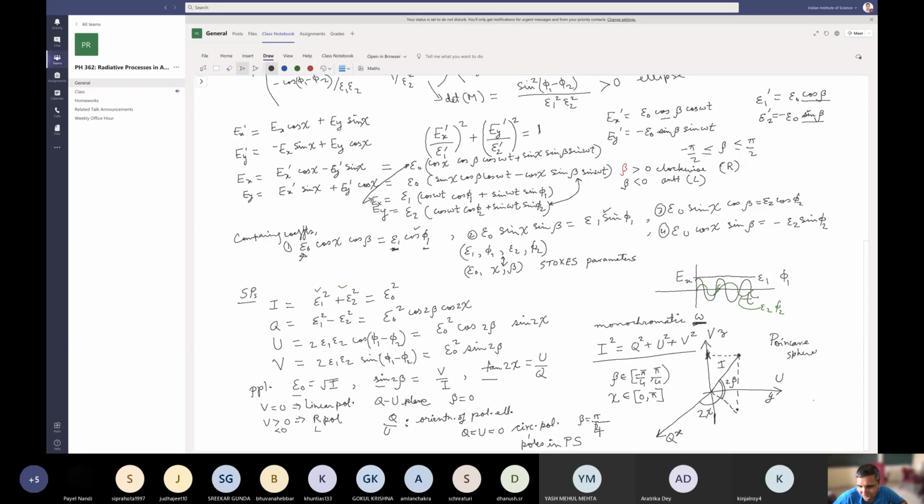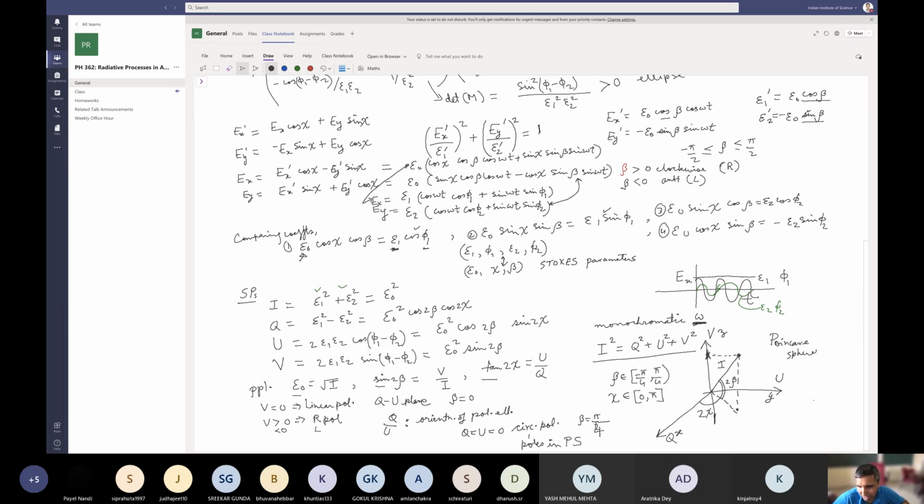And this 2 beta is like your latitude. Normally in spherical coordinates, we measure the angle theta from the z-axis, but you might as well measure it from the xy plane. They are sort of equivalent. So this is 2 beta. You can actually see V is equal to I sine 2 beta, which is epsilon naught square times sine 2 beta.